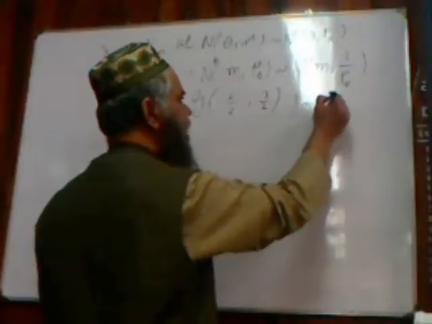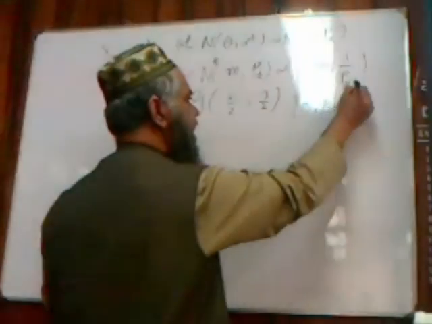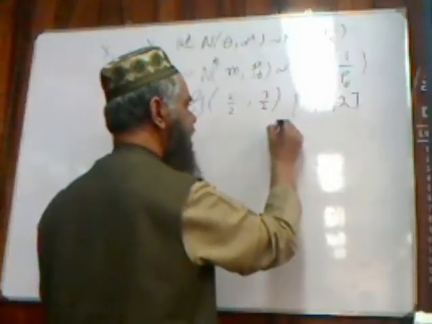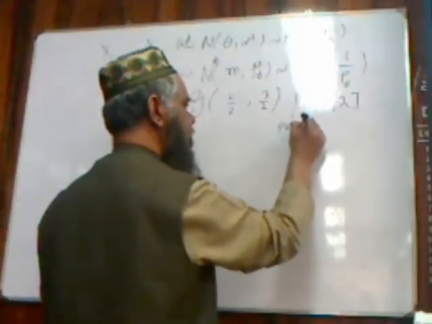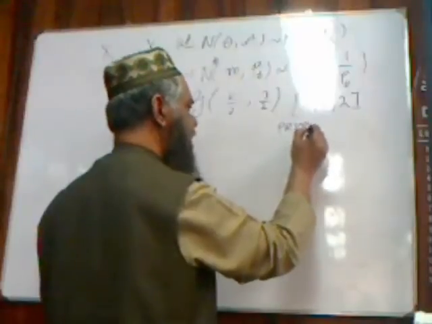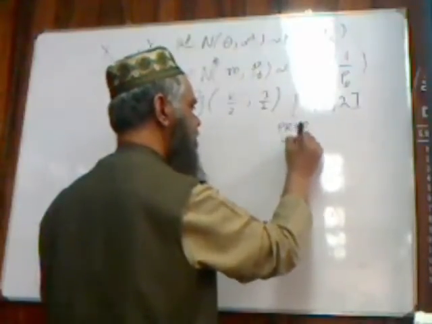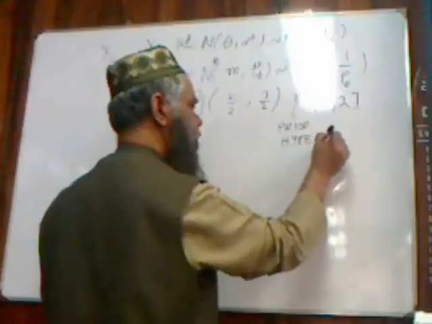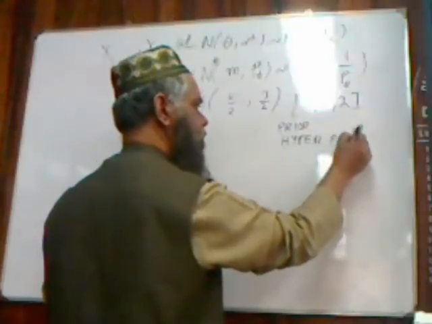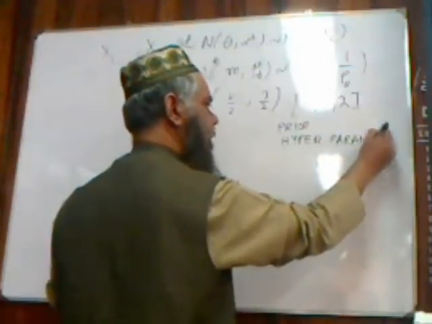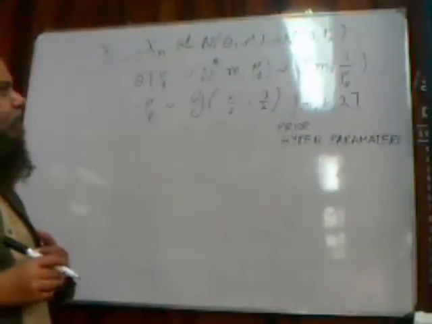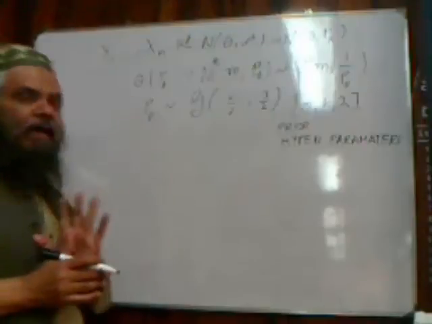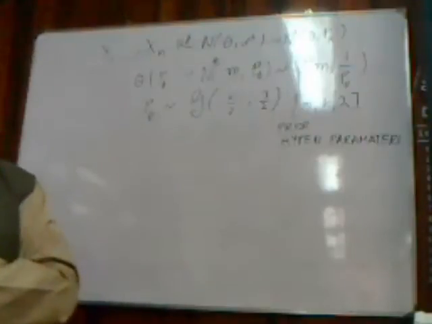So now m, k, lambda, these are the prior parameters. These are actually called the hyperparameters. p theta is not a hyperparameter here because now I'm doing the full general case.